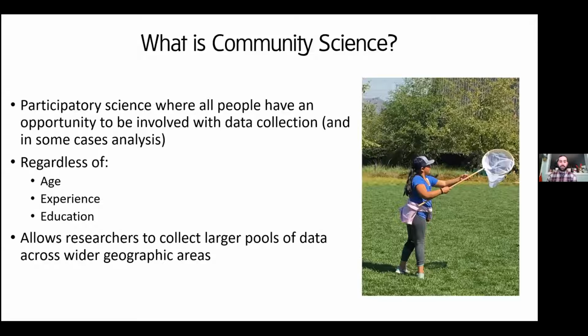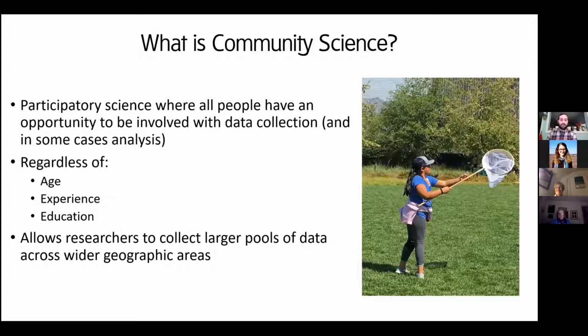It can be any type of data collection, any type of science. The only requirement for participating is that you're a member of the Homo sapien species. Nothing else, just being a human is all you need to do to participate.